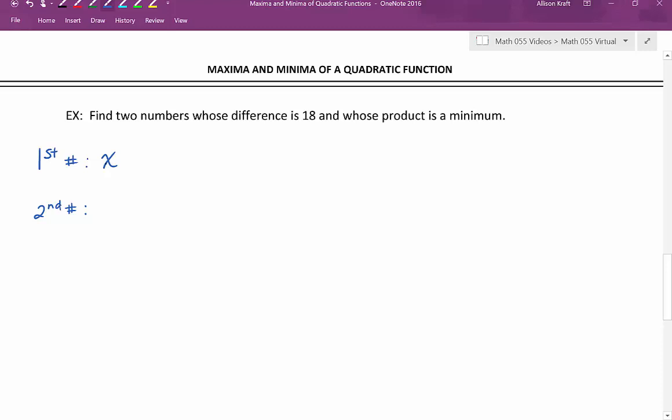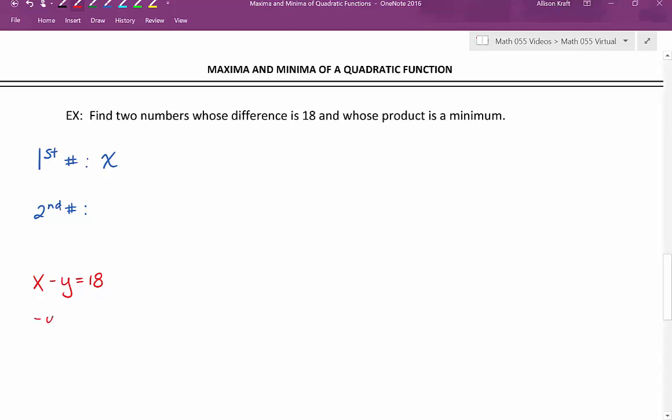The difference of the two numbers is 18. So I'd have something like x minus y equals 18. We've already called the first number x, so I'm going to solve this equation for y to get an expression that represents the other number.